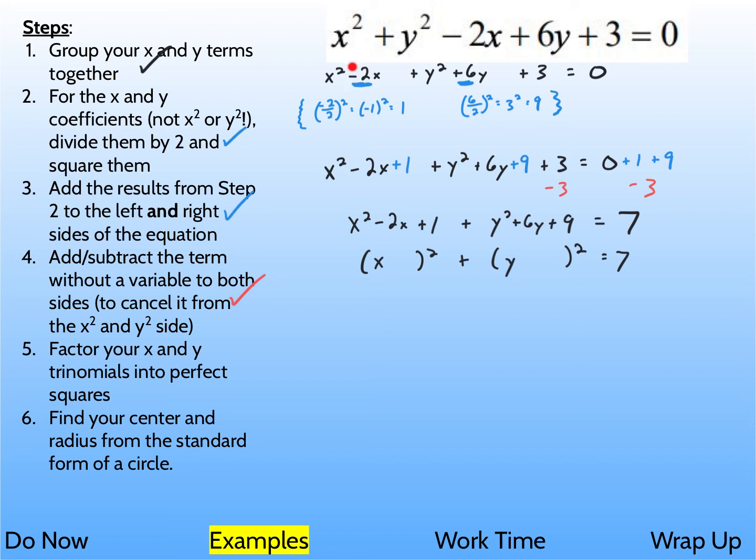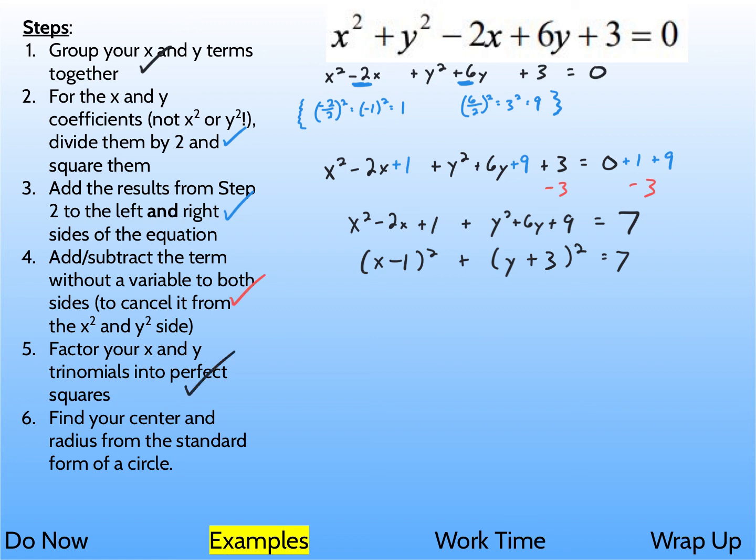Once you divide this by 2 and get the negative 1, that's what goes right here, because x minus 1 squared is x squared minus 2x plus 1. So this one's going to be minus 1. And then here, when we divided by 2 on this one, we got 3. So this is just going to be y plus 3 squared.